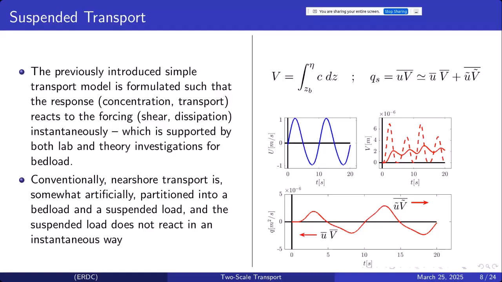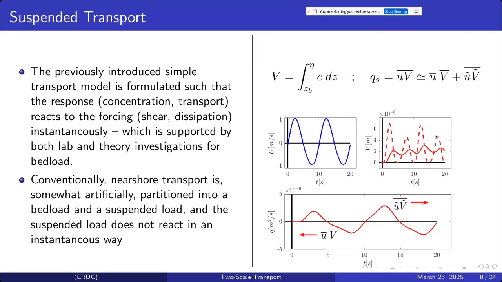But there's also going to be oscillations in the volume of suspended sediment. So in this cartoon here, it looks like it's symmetric top to bottom, but it's not actually. There are slightly higher crests than troughs here, and the instantaneous volume of suspended sand is shown as the dashed red line.